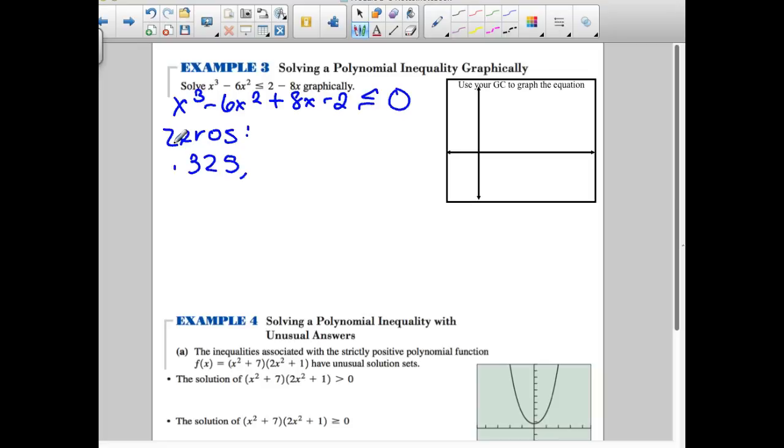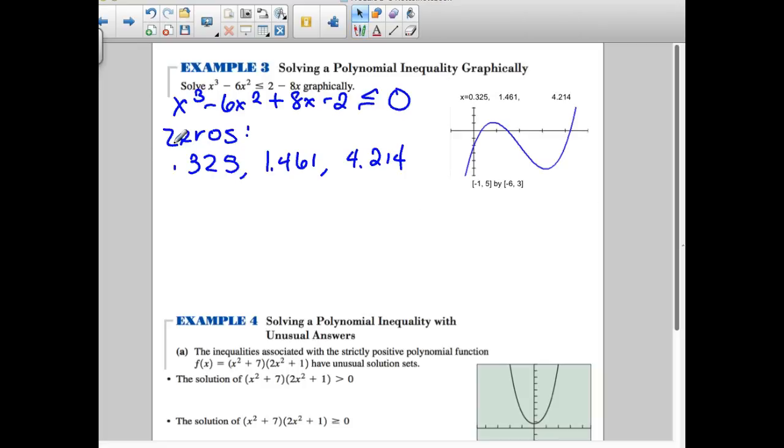0.325, middle one, and the farthest to the right. Okay, we agree? All right, so what is happening in my graph? We had these 3 zeros.